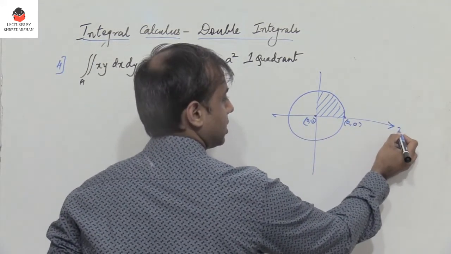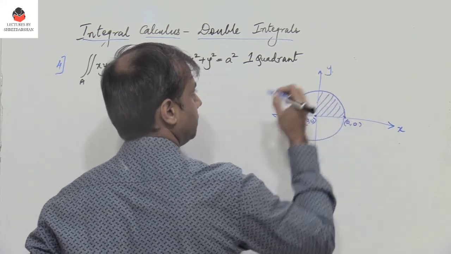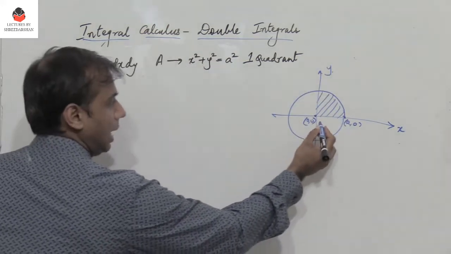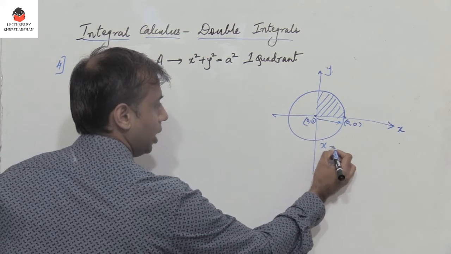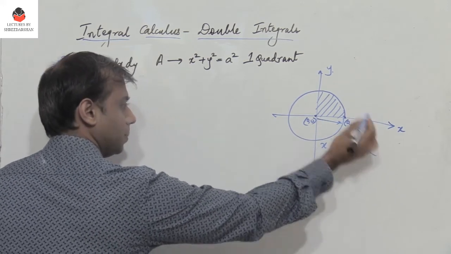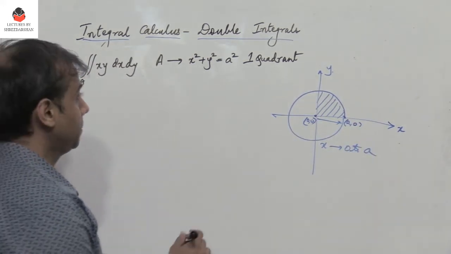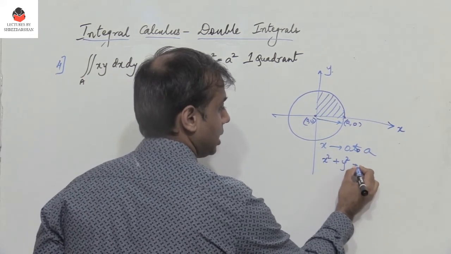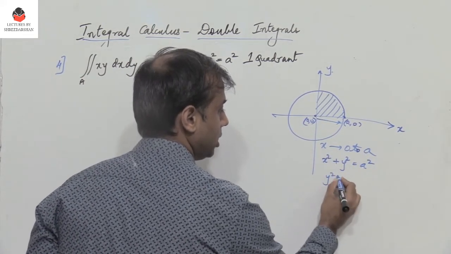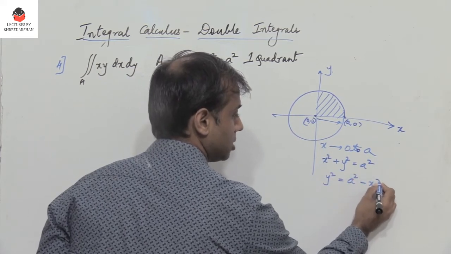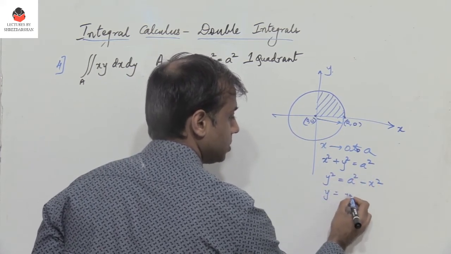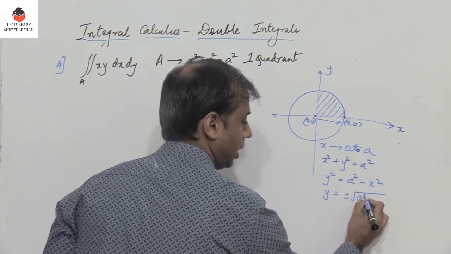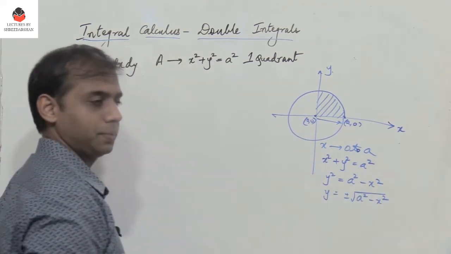So this is the x-axis and this is the y-axis. So observe, x is varying from 0 to a. So x varies from 0 to a. And what about y? I have x square plus y square equals a square, whereas y square equals a square minus x square, and y equals plus or minus root of a square minus x square.